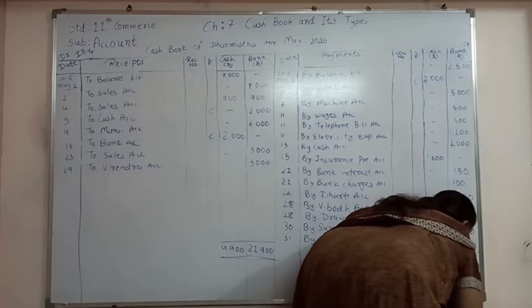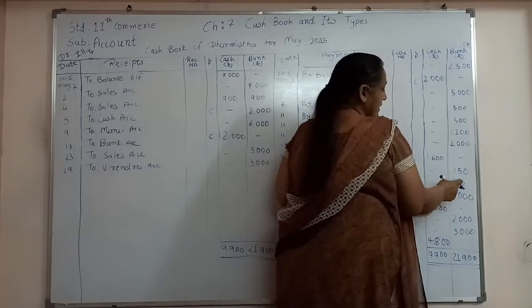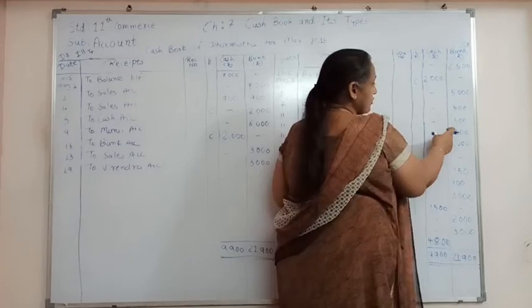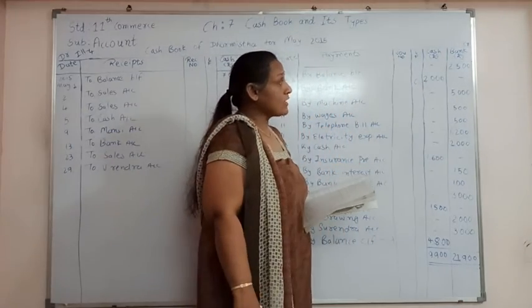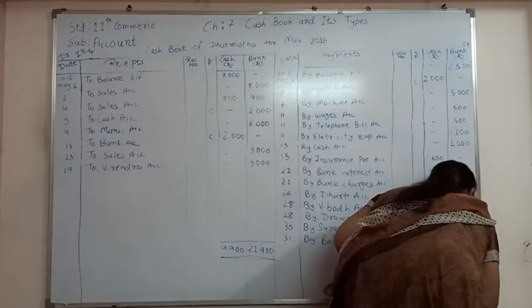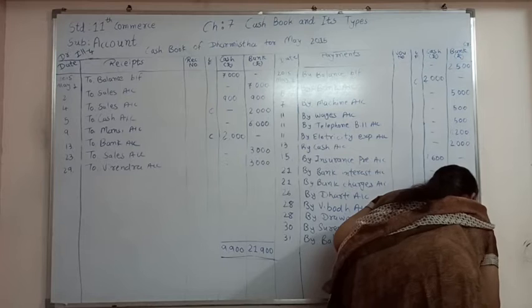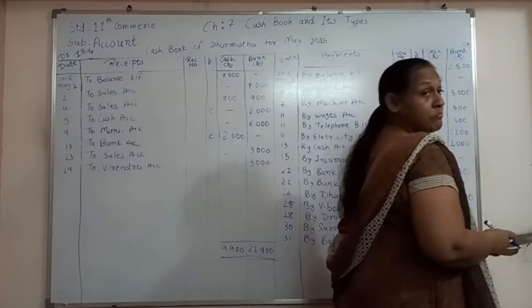From that, if we deduct 3,000 plus 2,000, 3,100, 150, 2,000, 1,000, 200, 500, 500, 5,000 and 2,500, we are going to have the balance of 1,950. So this is again our bank balance.